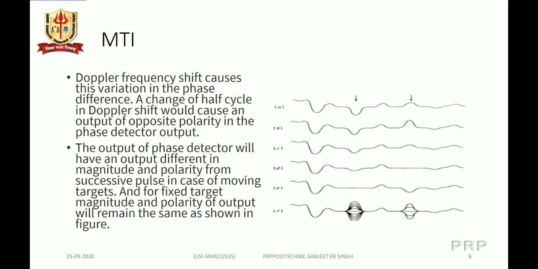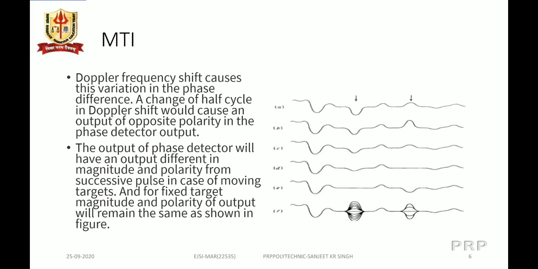So Doppler frequency shift causes the variation in the phase difference. A change of half cycle in Doppler shift would cause an output of opposite polarity in the phase detector output. The output of the phase detector will have a difference in magnitude and polarity from successive pulses in case of moving targets, and for a fixed target, the magnitude and polarity of the output will remain the same, as shown in the figure.